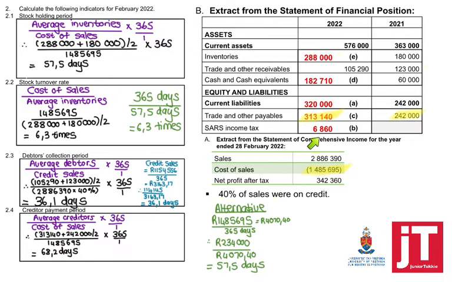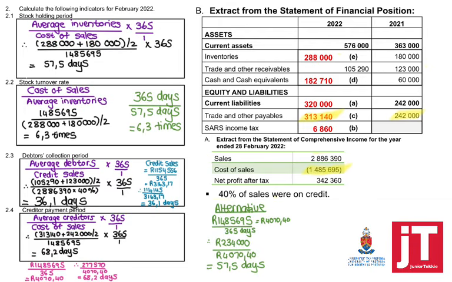Average creditors, beginning plus end divided by 2. This equals 68.2 days. So we took, again, our average creditors divided by the cost of sales. The cost of sales was provided to us in the extract from the Statement of Comprehensive Income.